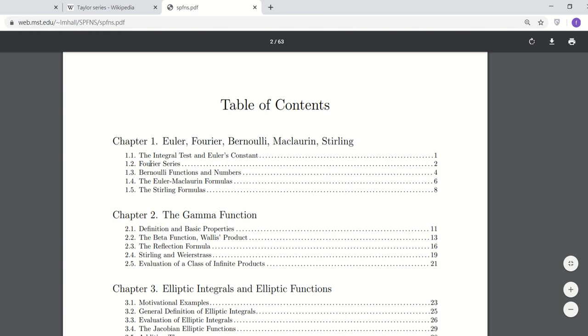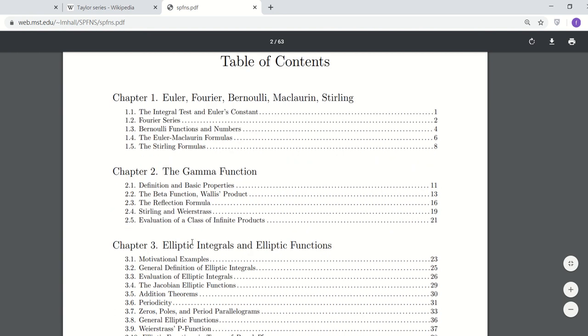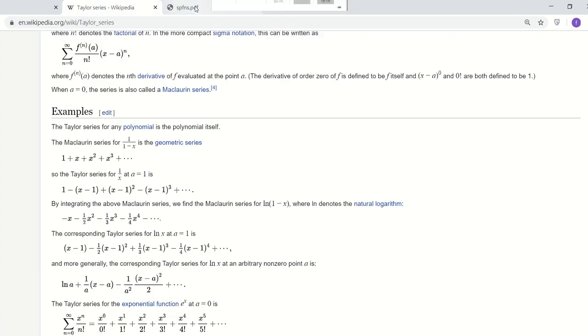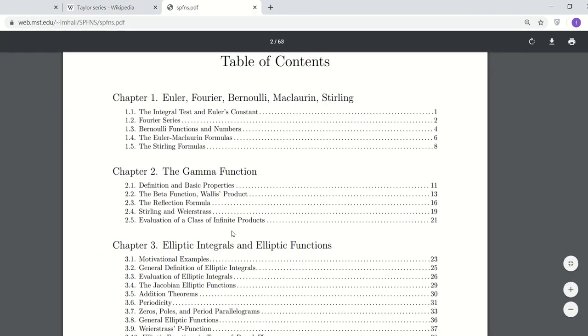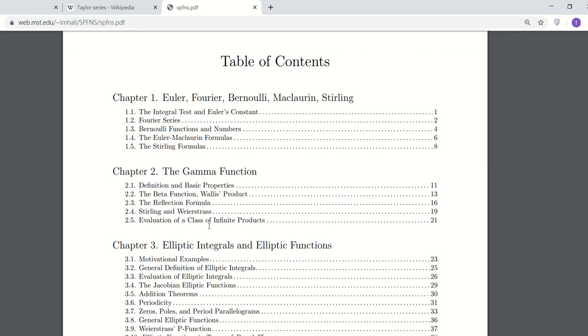You see there is a gamma function, right? And the gamma function, as we mentioned in Taylor series, can be expanded and represented by some series.